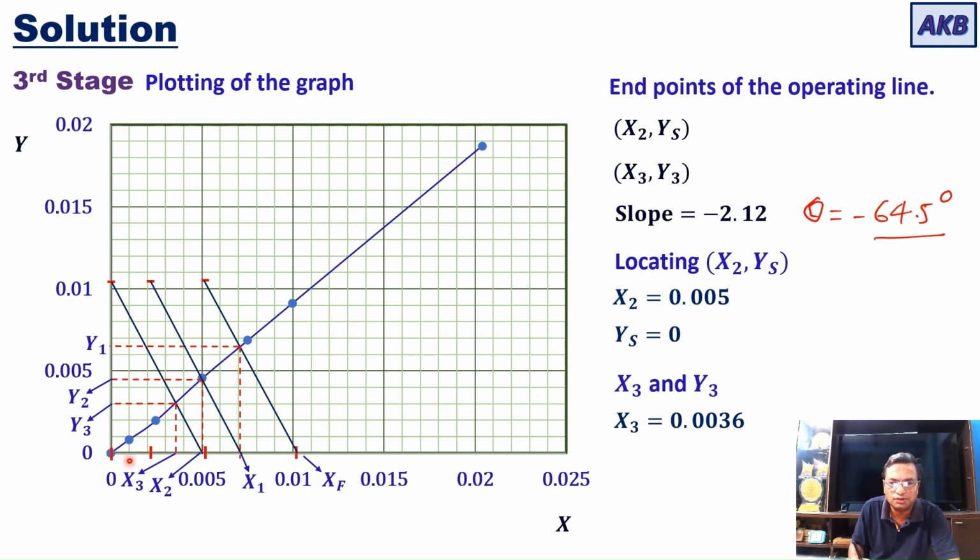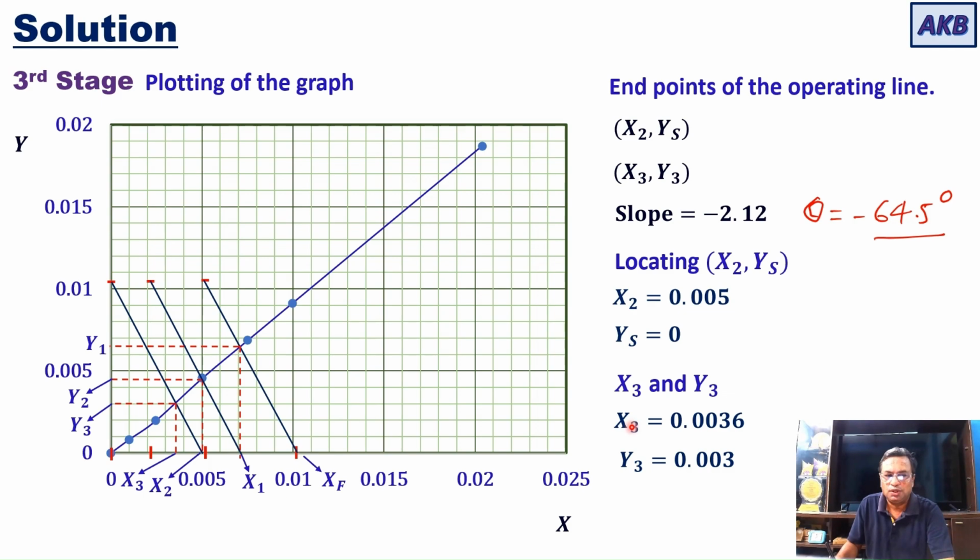So 0.001, 0.002, 0.003, and 0.0036. Whereas y3 is 0.001, 0.002, and 0.003. So at the end of our calculations for stage 3, we have got the values of x3 and y3. So this covers all the 3 stages that are used in this operation.